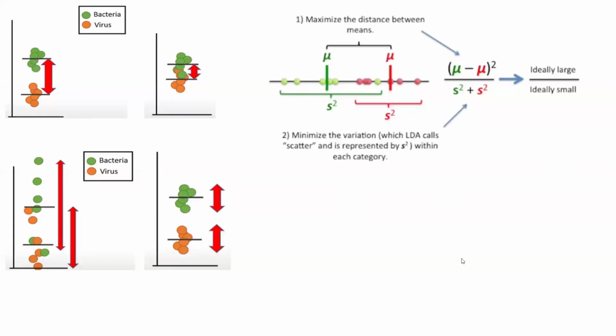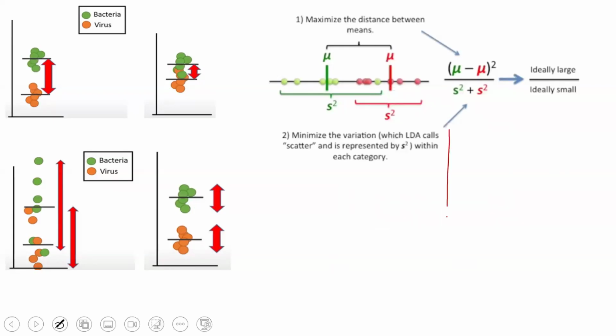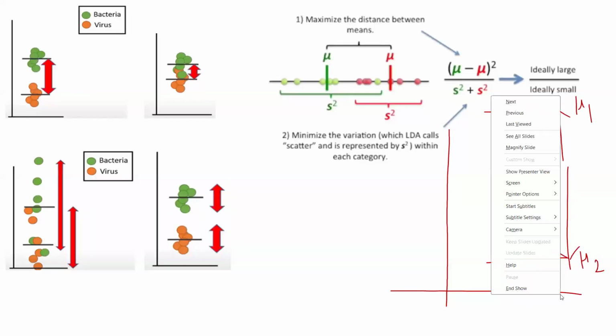Let's suppose I take this particular diagram, and I maximize the distance between the two means, mu1 and mu2. Even if I maximize this, if the variance between the data points is large, there will be an overlap, right?